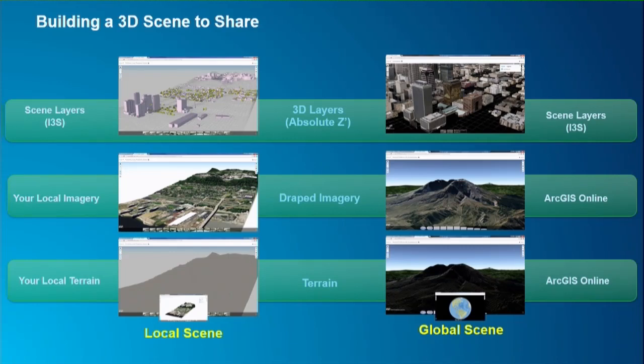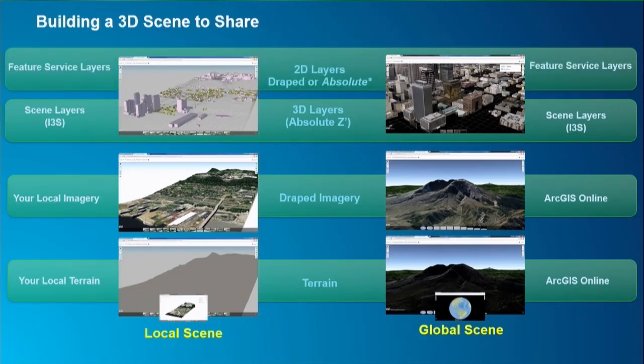So I3S is capable of capturing that type of data content. And then, as I mentioned earlier, your 2D feature layers are also a good participant in creating your 3D scene. Extruded lines and points and even polygons extruded into building boxes are a quick and dirty and easy way of making good 3D content.